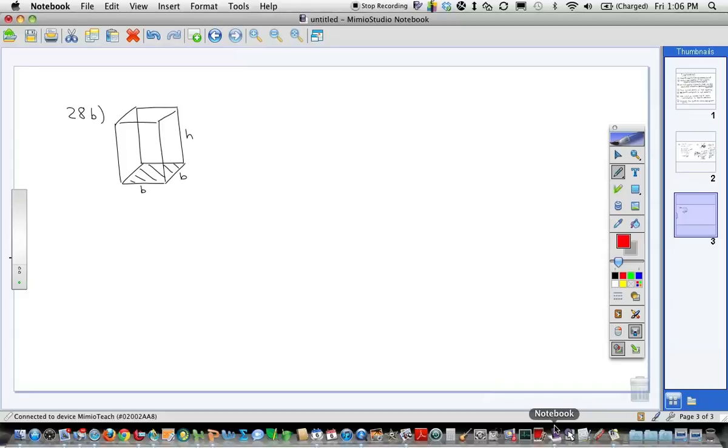But it said there are two cases to think about, right? What would be the other case? The base is the longest side instead of the height. So it's going to be like two problems in one, which is great. 28's already like 3 parts, and now each of the parts is like 2 parts.